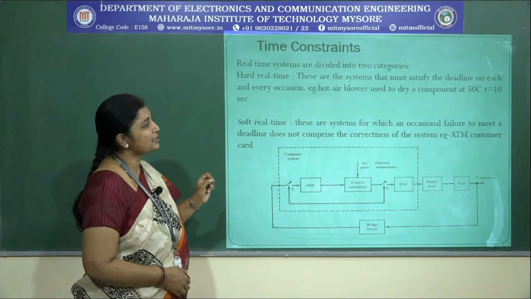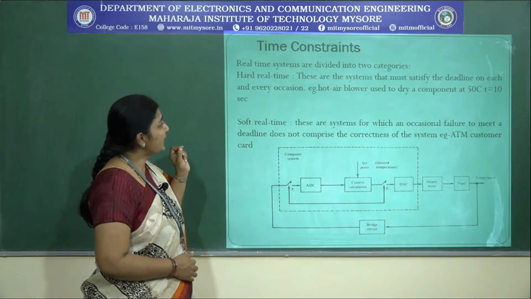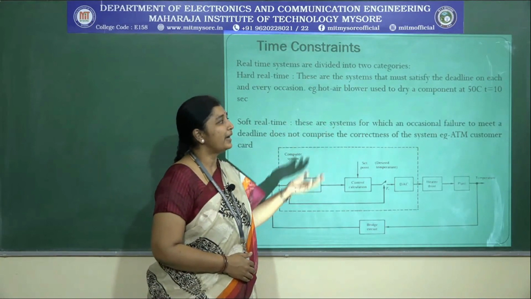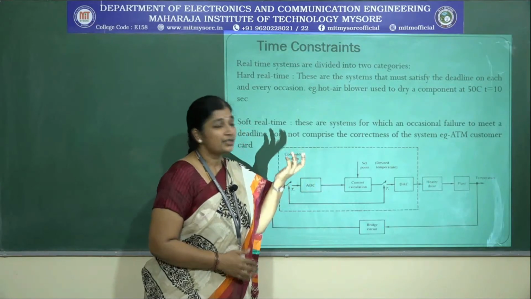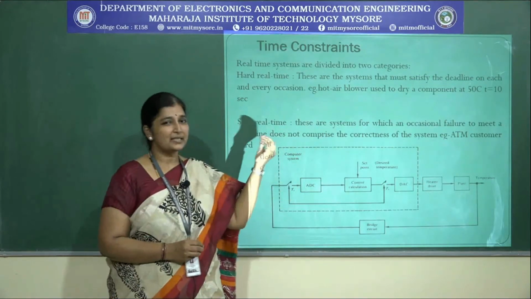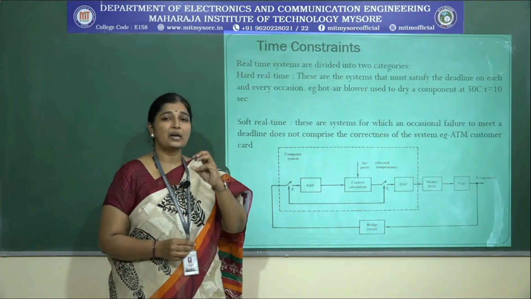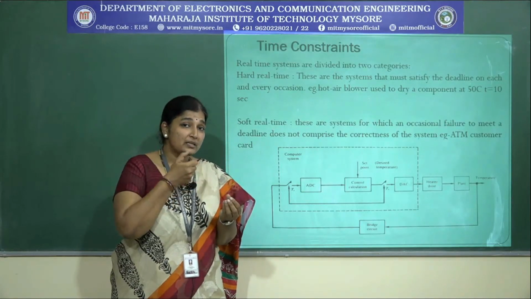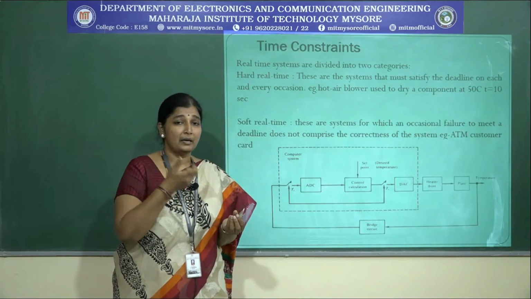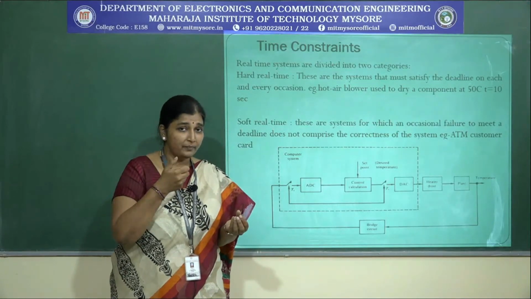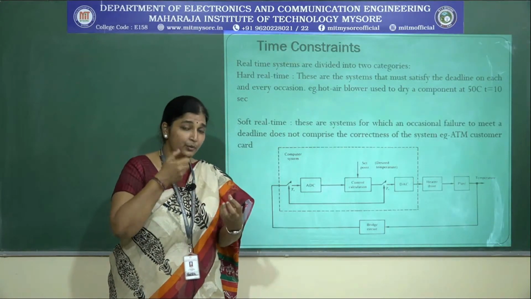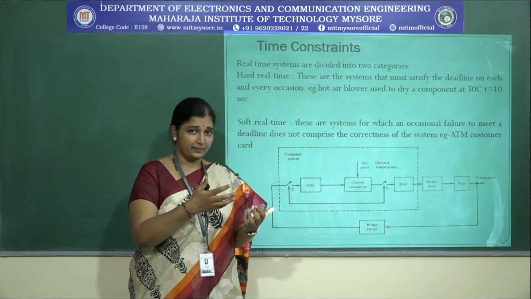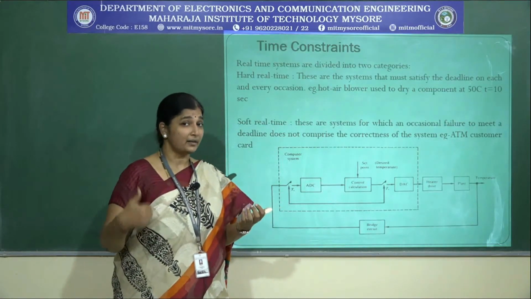These are the systems that must satisfy the deadlines on each and every occasion. For example, a hot air blower used to dry a component at 50 degrees Celsius, with the time taken as 10 seconds. Let us take a simple example. If I have to dry a simple component, I have an air blower, which by now you know has temperature-controlled air, released because of a certain control system in a plant, right?